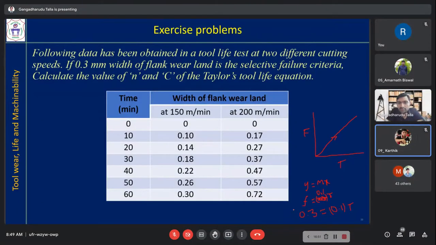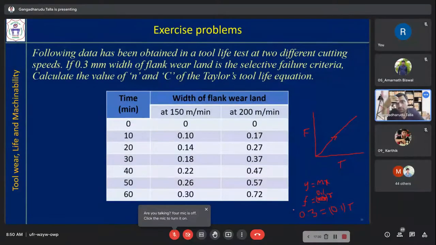Yes, sir. Some mistake. Flank wear land is... 3 we should not get. It will be somewhere between 20 and 30 minutes. Sir, I was getting 23 minutes, sir.